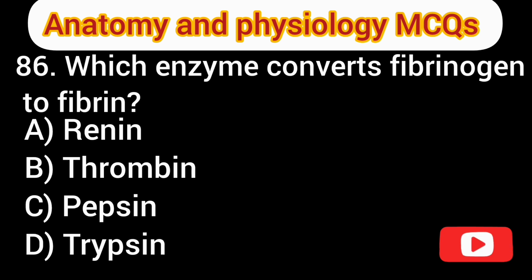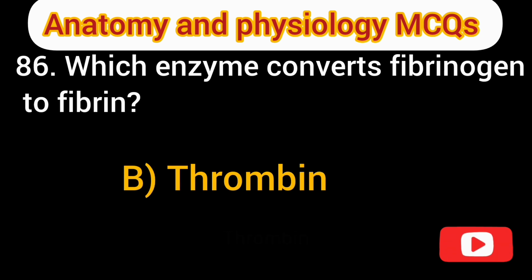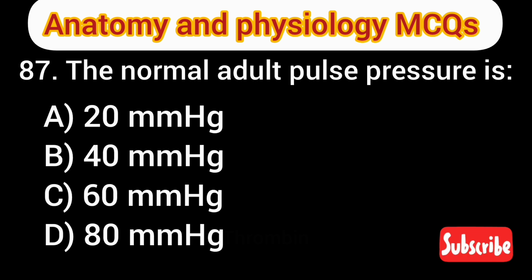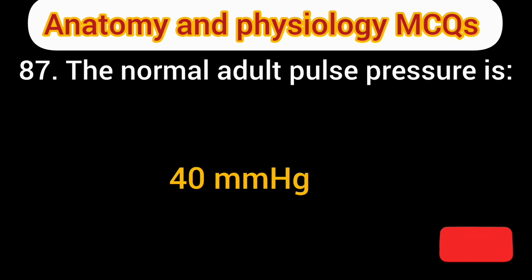Which enzyme converts fibrinogen to fibrin? Thrombin. The normal adult pulse pressure is 40 mmHg.